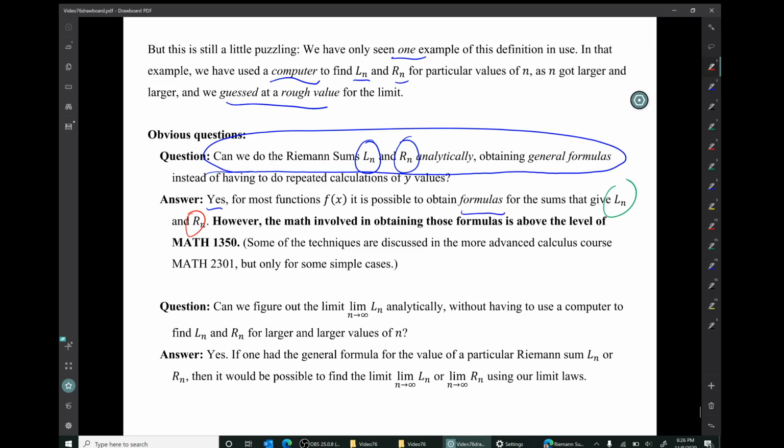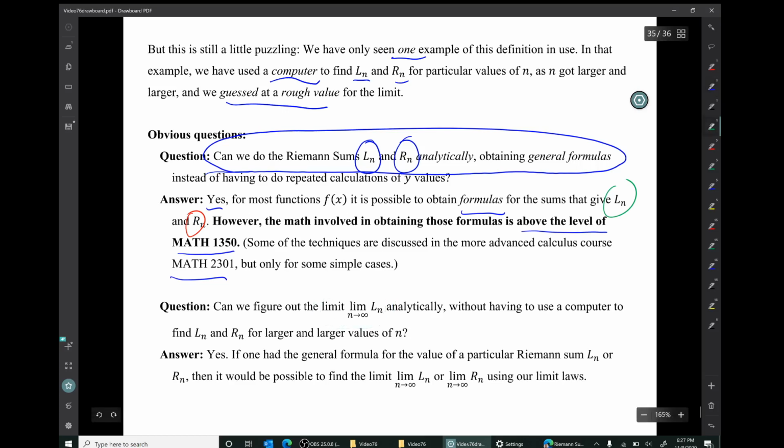But the bad news is the math involved in obtaining those formulas is above the level of Math 1350. Not too far above the level. Some of the techniques are discussed in the more advanced calculus course, Math 2301, but only for some simple cases. More advanced math courses still are needed to discuss more difficult, more general sums. So again, the answer is sort of yes. It is possible to find formulas that give the values of those sums, but it's above the level of this course.